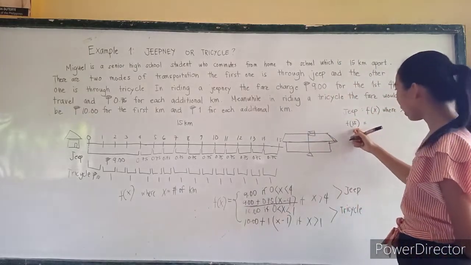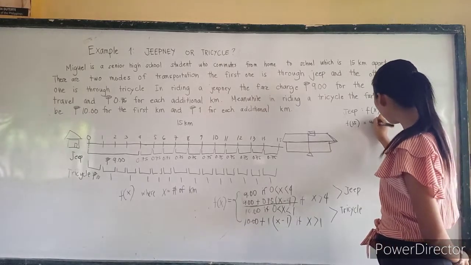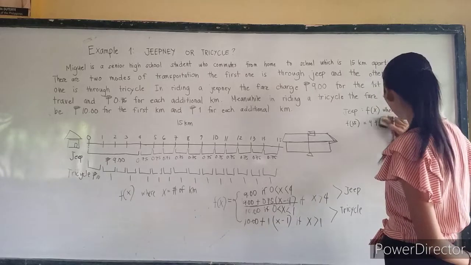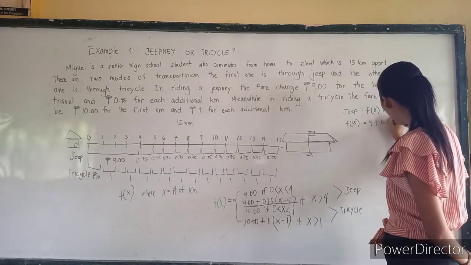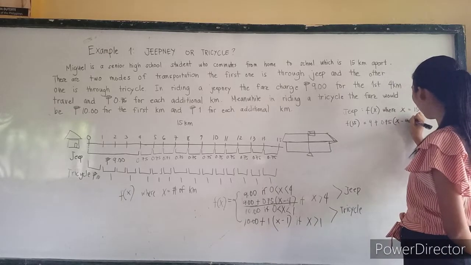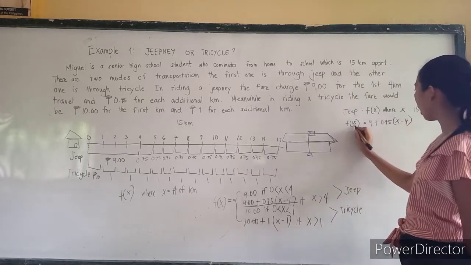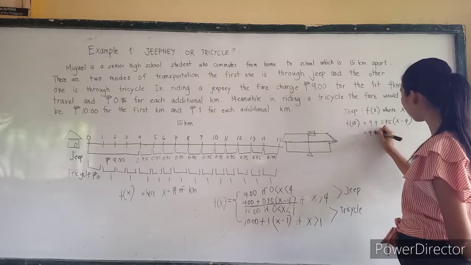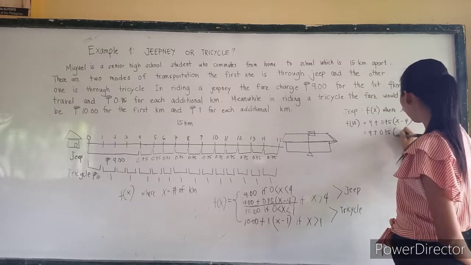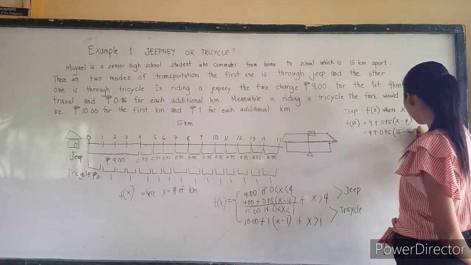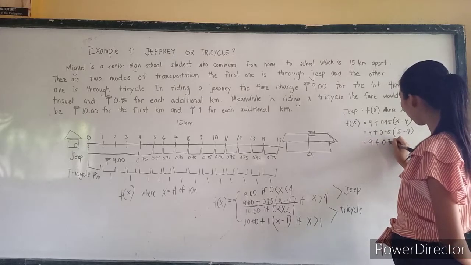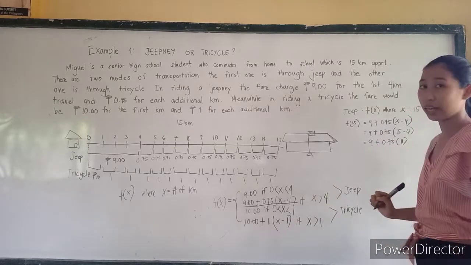So f of 15 is equal to 9 pesos plus 0.75 times x minus 4. Atong ilisan ang x with 15. No? So that becomes 9 plus 0.75 times 15 minus 4. So that becomes 9 plus 0.75 times 11.